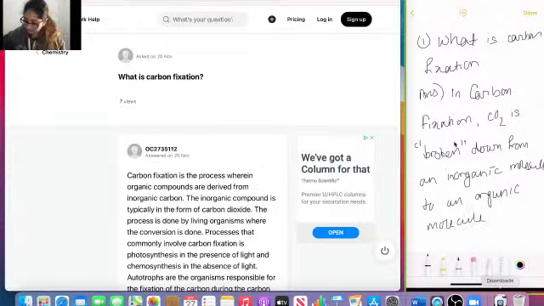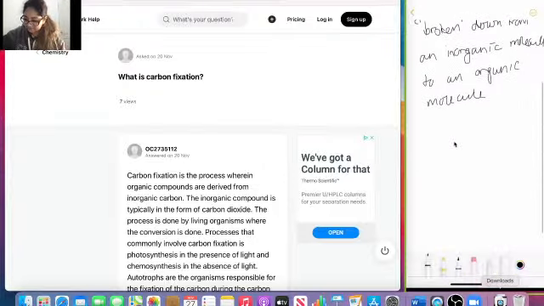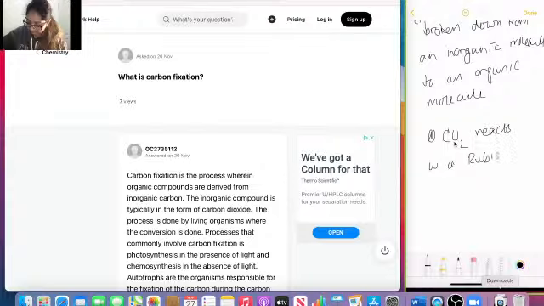Okay, and so basically the process, how this works, is firstly a carbon dioxide reacts with an enzyme called rubisco, and then this breaks down into two phosphoglycerate molecules, and then the Calvin cycle occurs.